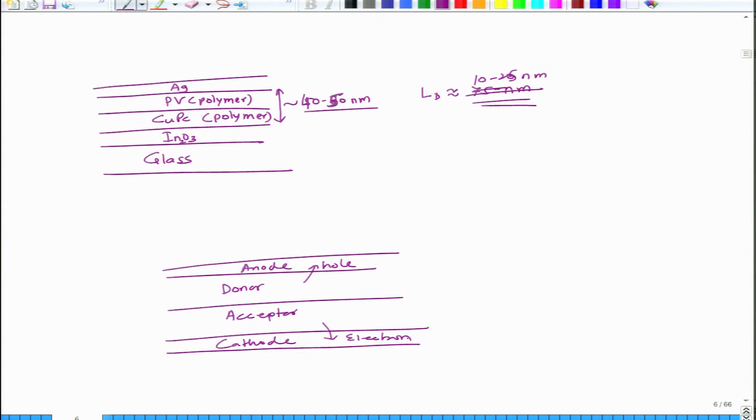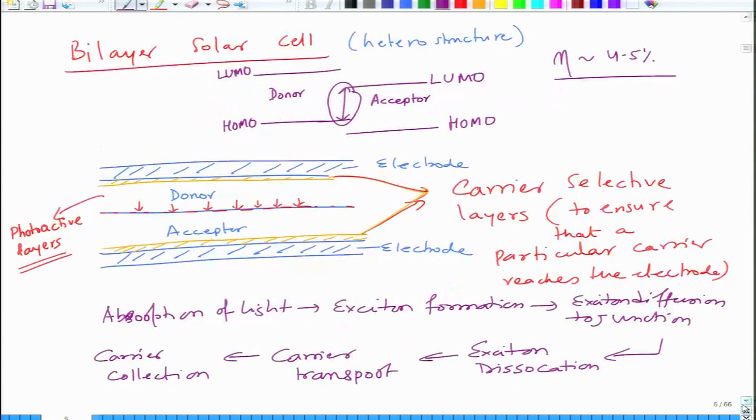It depends upon the energy levels of anode and cathode with respect to HOMO and LUMO of the two. If you look at this configuration, you will create electrons. Electrons will go like this, they will get collected here, and holes will go like this, they will get collected here. So this is electrons, this is holes. Here you will have hole collection, and here you will have electron collection.